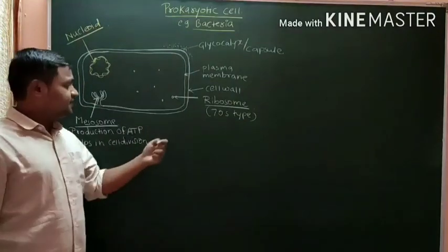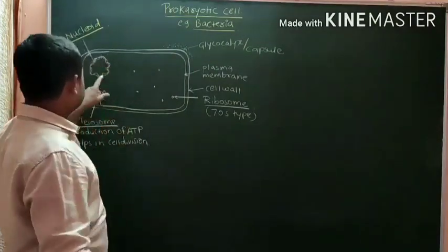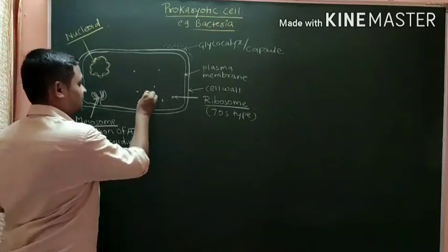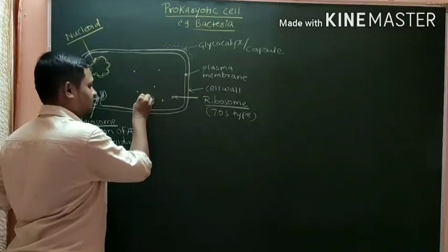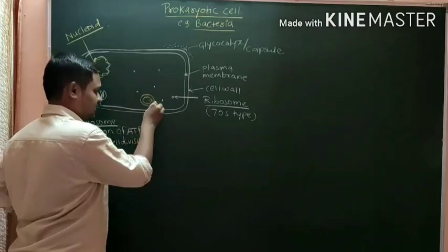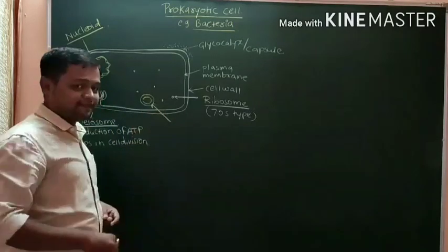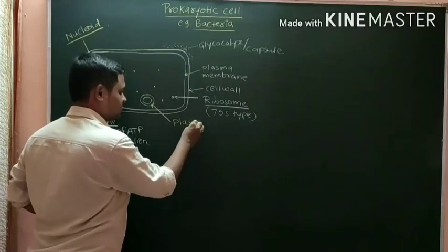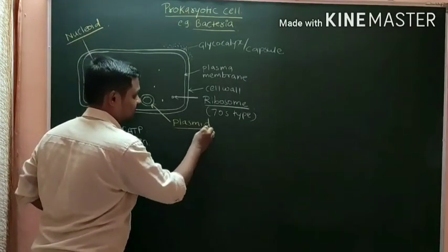Besides this genetic material, there is a presence of extrachromosomal autonomous self-replicating DNA, which is known as plasmid.